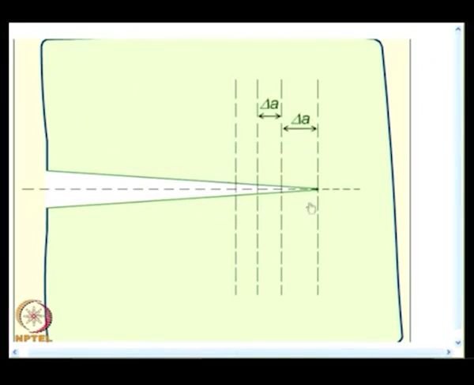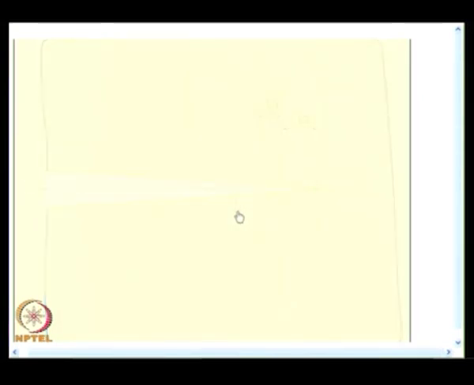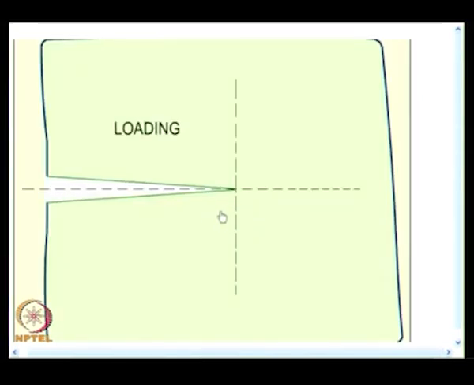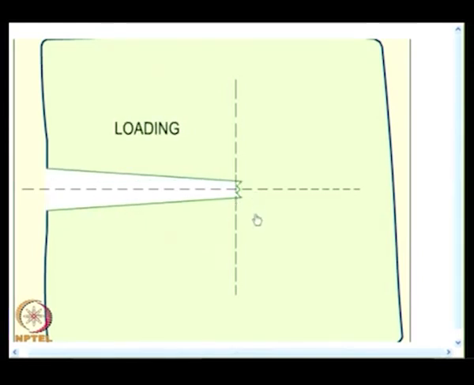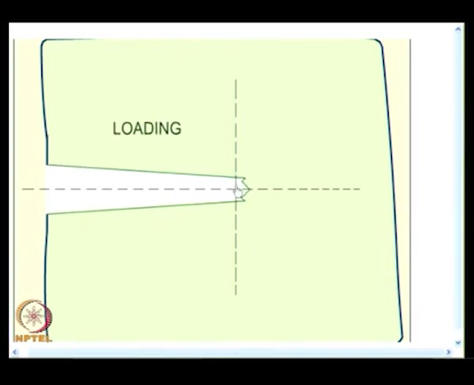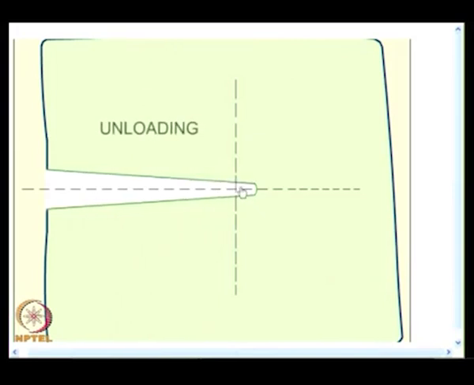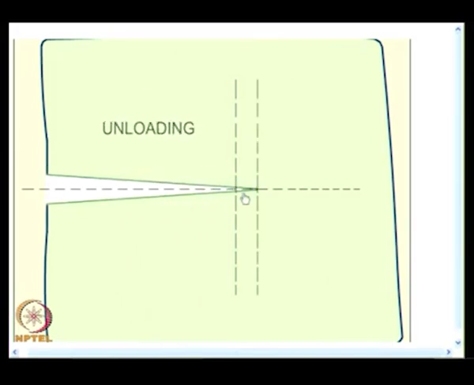We have magnified it several times just to illustrate a reasonably good model to appreciate growth of a crack in fatigue. You could see here during the loading phase, the crack advances by slip and slip in complementary planes. So, it becomes sharp, then it becomes blunt, and when you have unloading, the crack has become sharp, then the whole process starts.